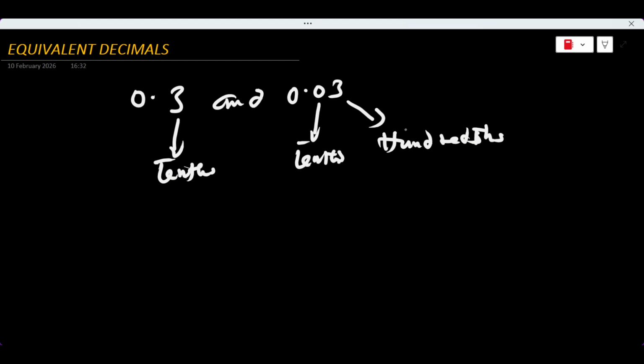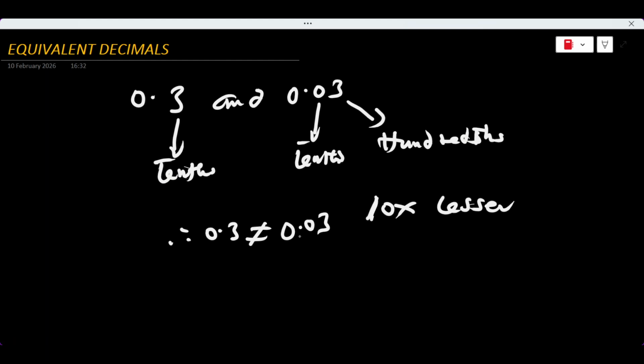And the 3 at the hundredths place is telling us that anytime you move to the hundredths place, it is 10 times lesser than the tenths place. Hence, 0.03 is lesser than what? 0.3. And therefore, 0.3 is never equivalent to what? 0.03.